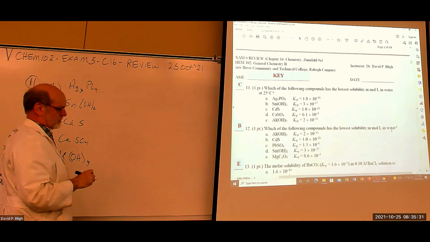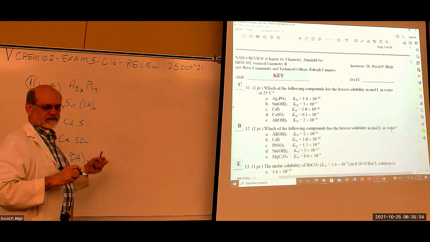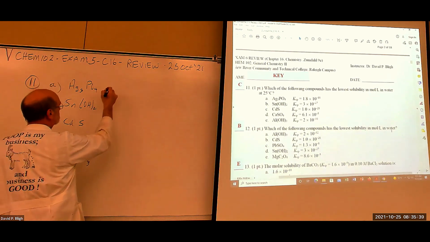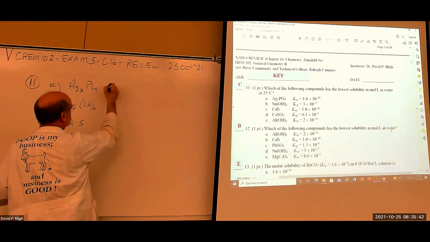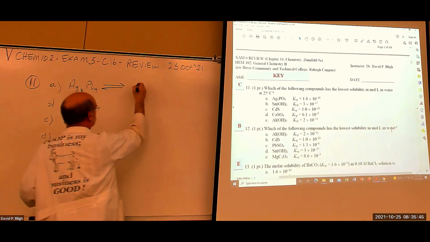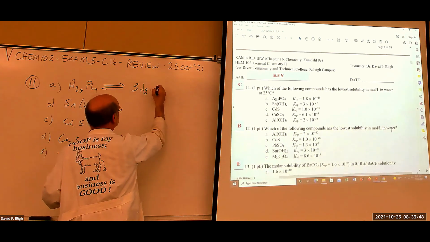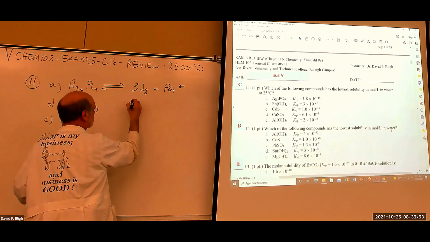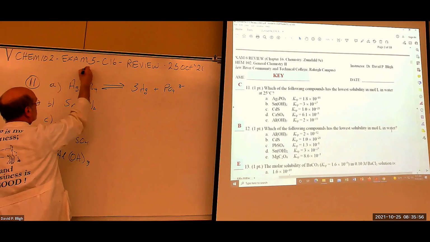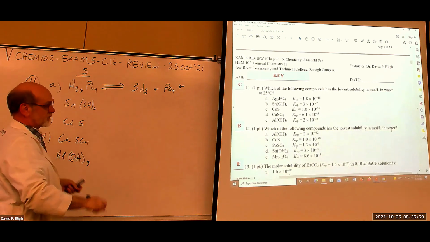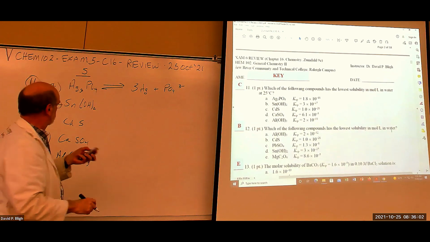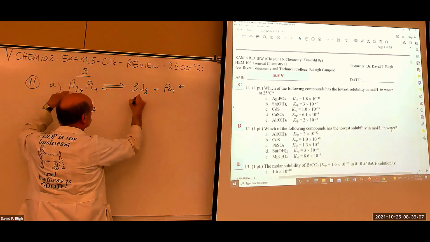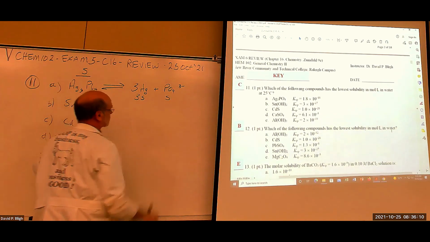All right, we need a pattern so we can channel Henry Ford. So our pattern would be, let's just take this first one. We have 3 silvers plus 1 phosphate. So for the Ksp, if we make S common to each one of them, because that's what we're aiming for, right? Solubilities. In terms of solubilities, this would be 3S and this would be S, correct?